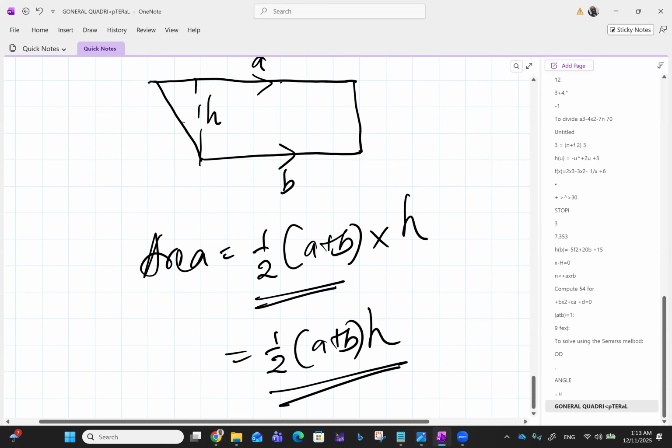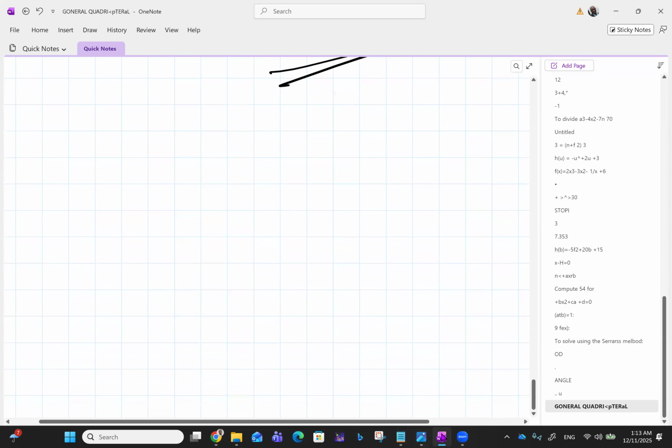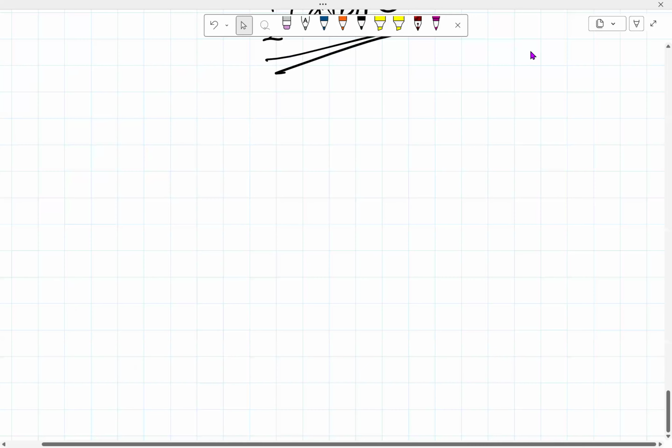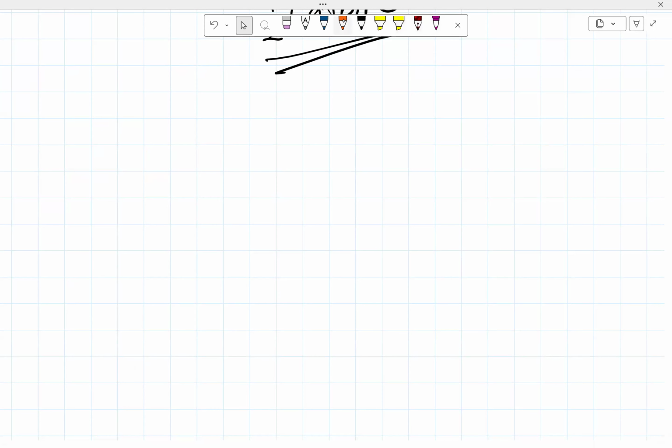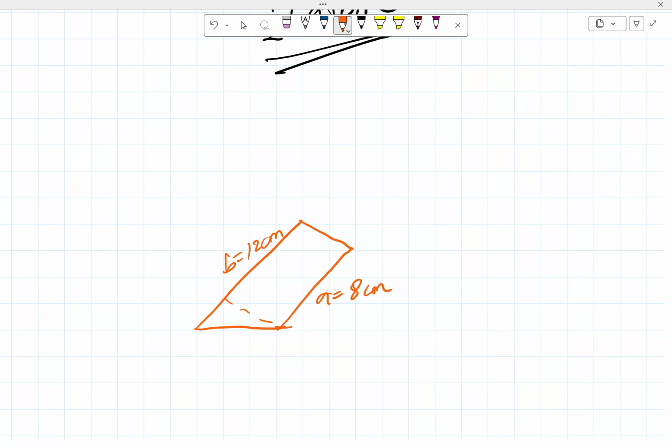In this case now, we have to flip it over. It doesn't have to be that way only. It can also be something like this. You have this, and then you have this, and then you can have something like this. So this is A now, which is 8 cm, B now, which is 12 cm, and then you can get a height out of this.